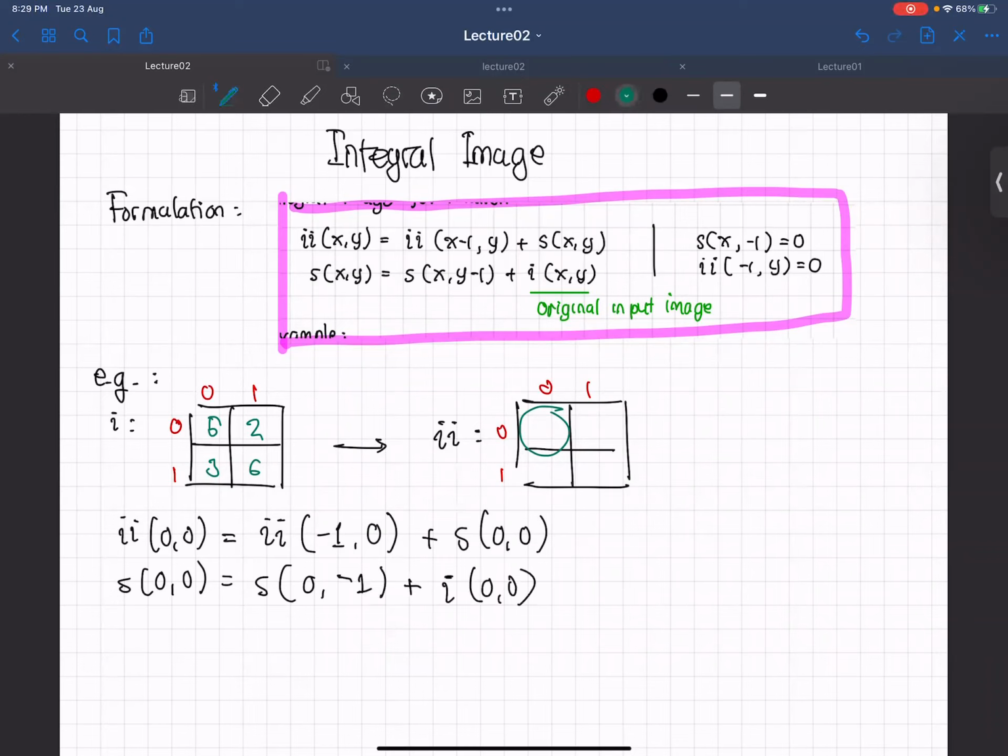So what is I(0, 0)? 5, right? What is S(0, -1)? 0. What is S(0, 0)? 5. And II(-1, 0) is 0. So this one becomes 5.